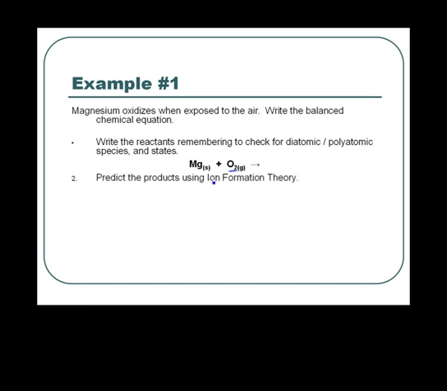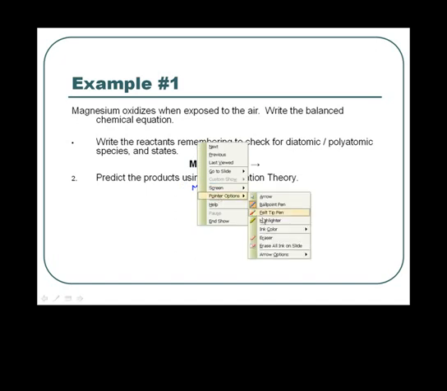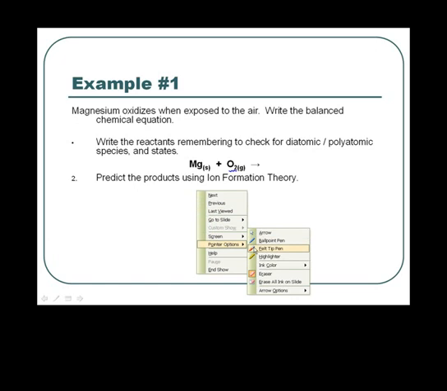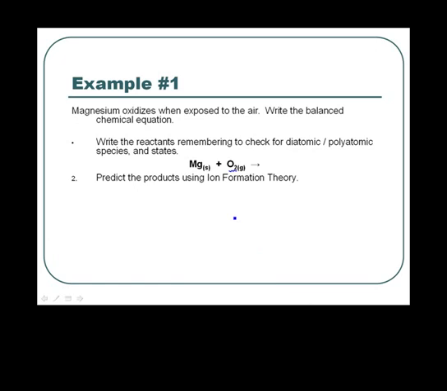The next thing we do is we're going to predict the products using our ion formation theory. So we know that magnesium, when it reacts with a nonmetal, it forms magnesium 2+. And so, magnesium can form a 2+ ion, oxygen forms a 2- ion, and this is how we determine our product.